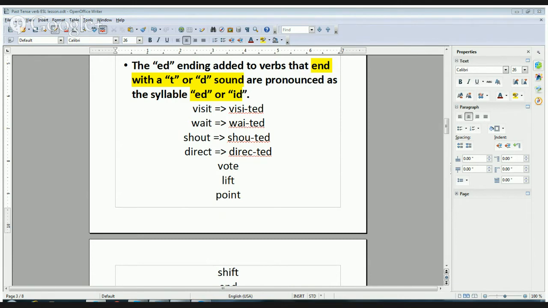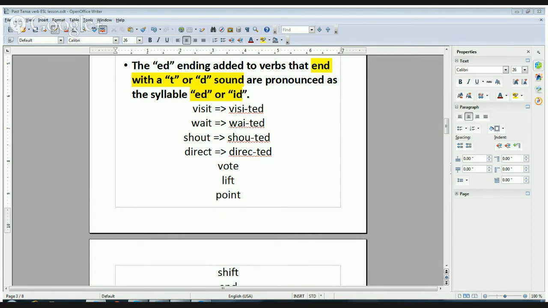So the way that I pronounce that is waited. Okay, let's have the next two words. Rafa, can you pronounce the next two words for me? Shout, shouted. Direct, directed.